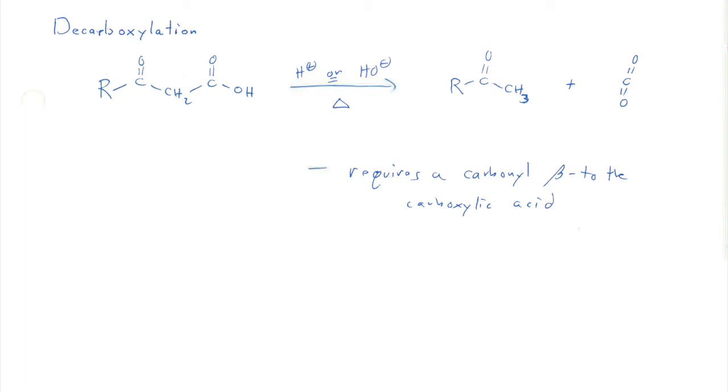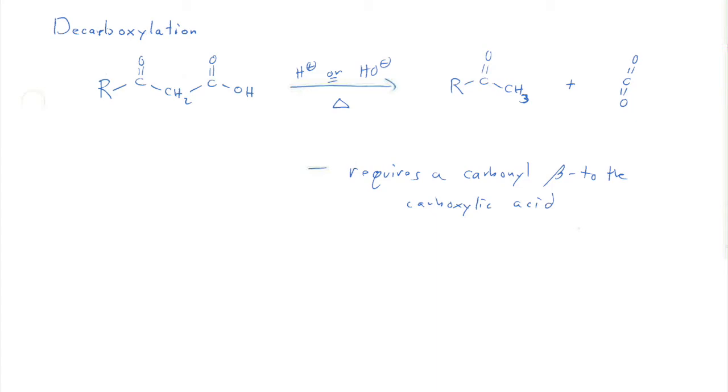So what happens, if you look at it, is that we basically break off that carboxylic acid functionality and replace it with a hydrogen. If you do the math there, you're basically removing carbon dioxide, which is why this is called decarboxylation. You're removing the carboxylate group, essentially. So it collapses down, and you wind up just putting a proton, a hydrogen, in its place.